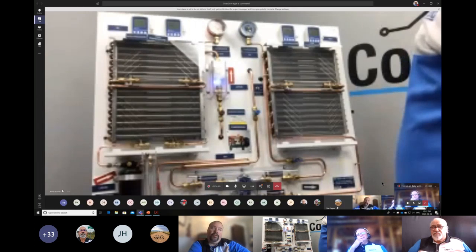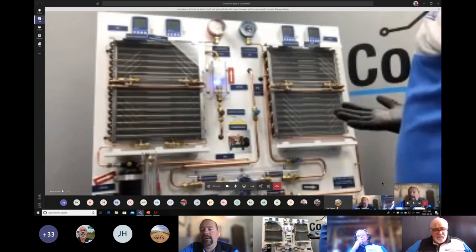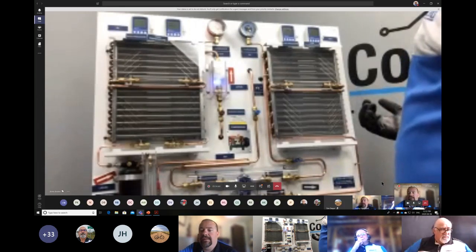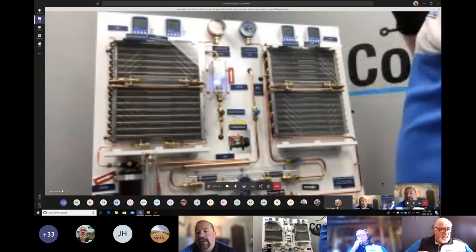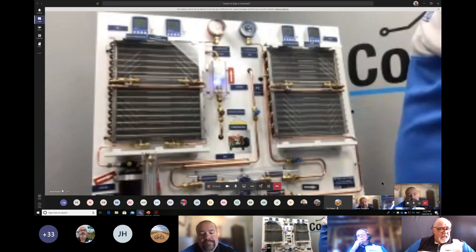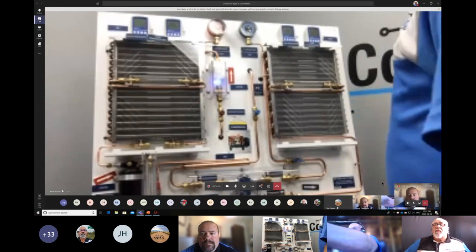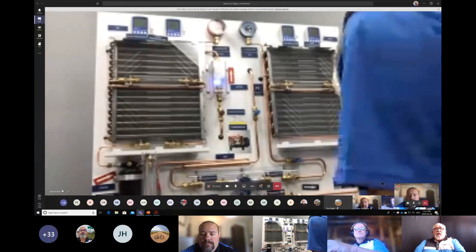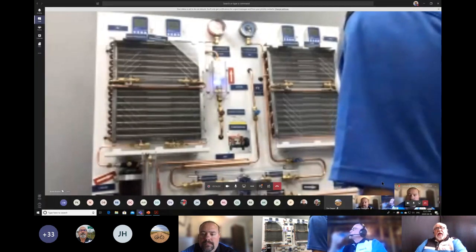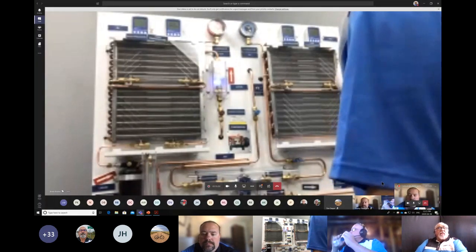I'm sorry. So Mike Hobson was asking, are you saying that these numbers should be the same regardless of ambient and humidity? Yes, the temperatures will vary based on ambient and humidity, and it will also have an effect on the pressure.